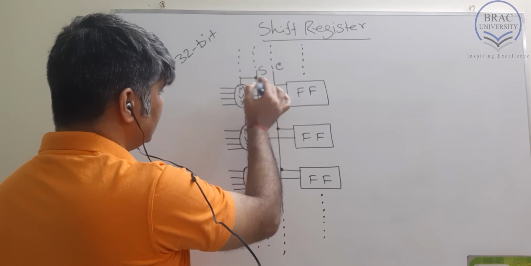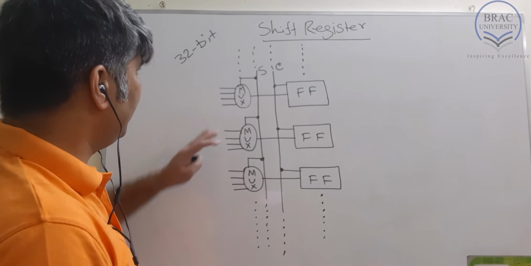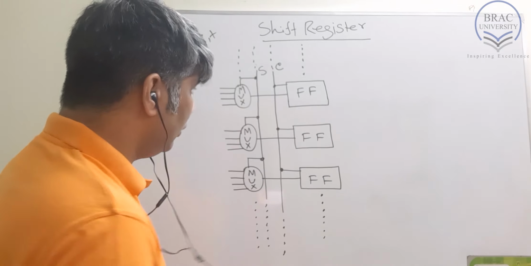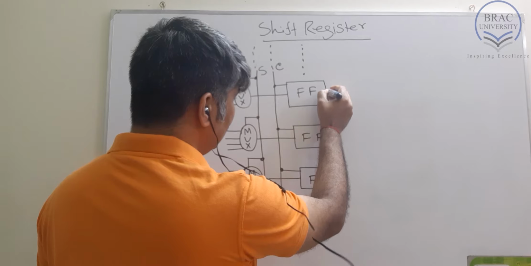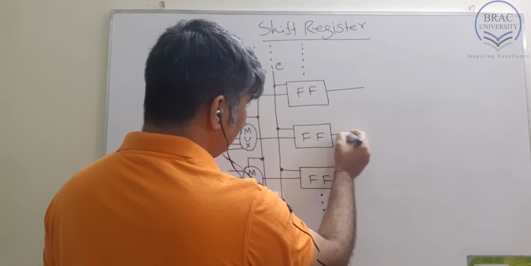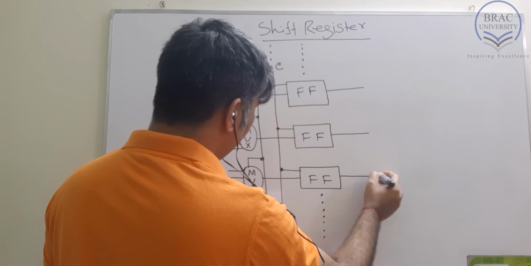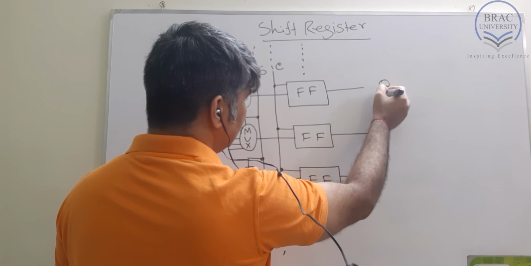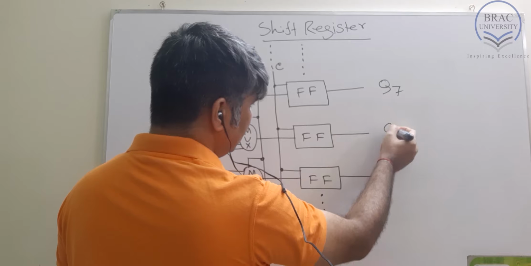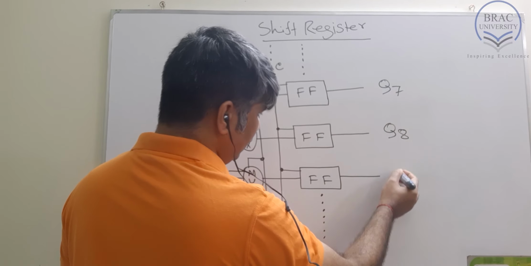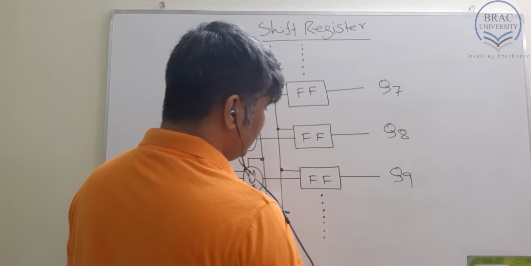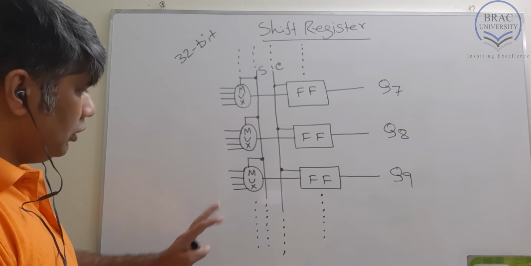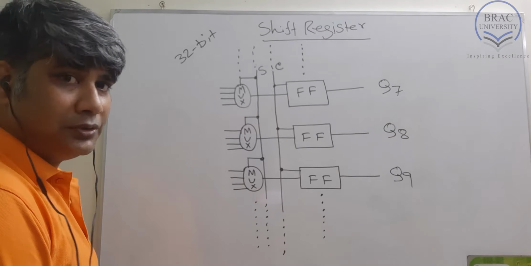Okay, now we have everything set. Now each of these flip-flops will have an output. Let's say this one is Q7, Q8, Q9. Okay, so the general part is ready.